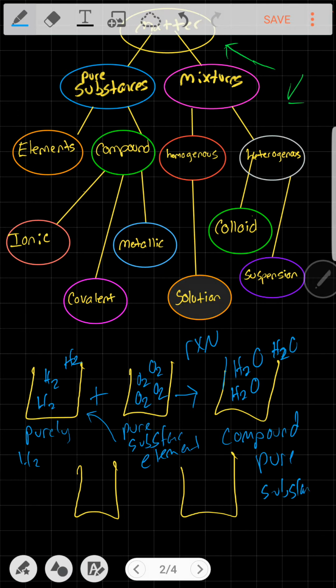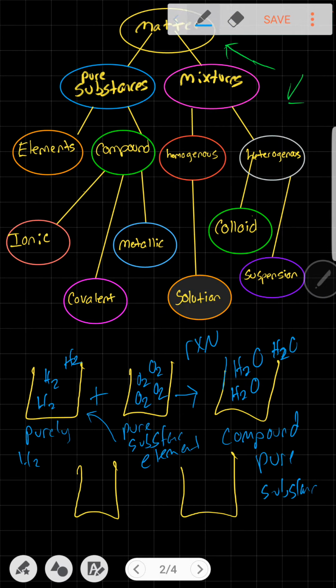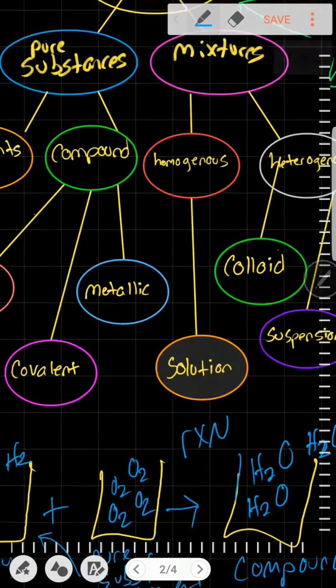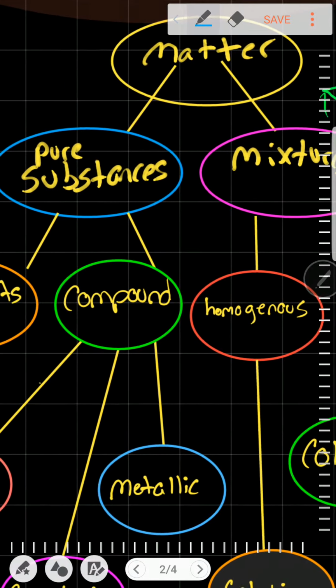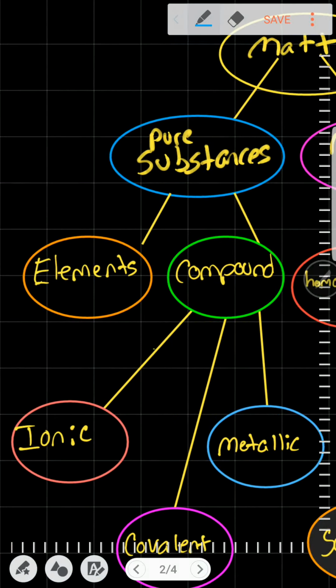So let's go back to our little chart here, and we have the organization of matter. Matter is broken down into two things: a pure substance and a mixture. But a pure substance is either going to be an element or a compound.